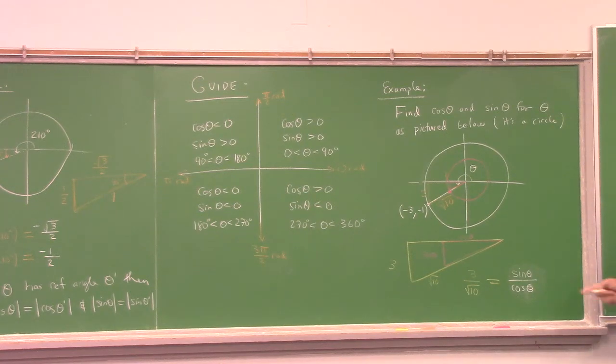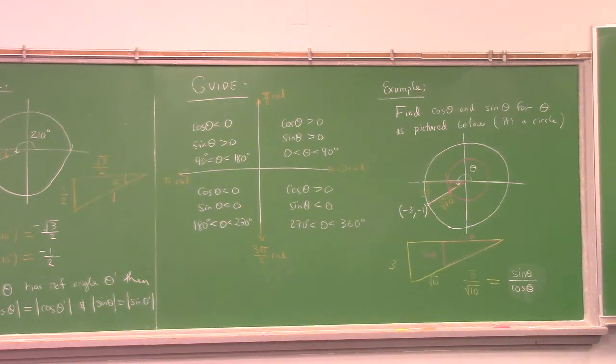So this tells us that sine theta is equal to 3 over square root of 10 cosine theta. If I plug this into that, then I've got an equation just involving cosine theta.